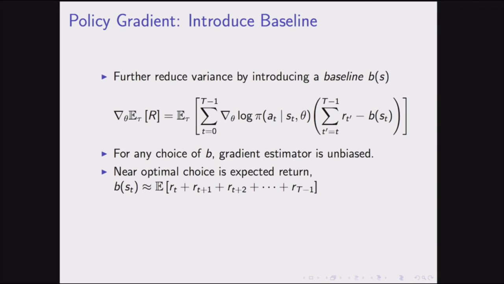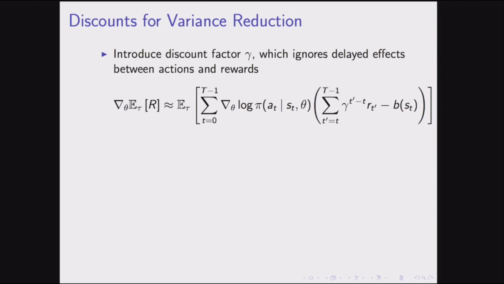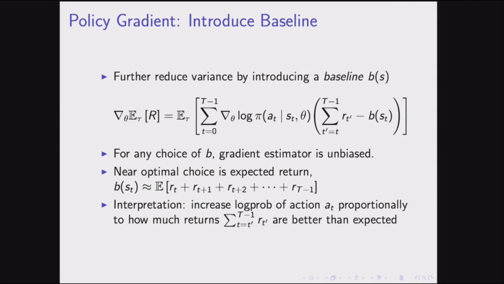Well, the sum of rewards after that action should have been better than expected. So b of s is the expected sum of rewards, and we're just taking the difference between the measured thing and the expected thing. That was a pretty key thing for variance reduction.